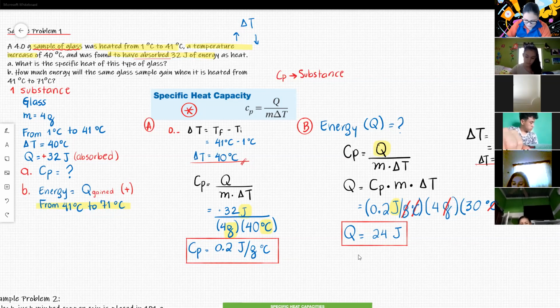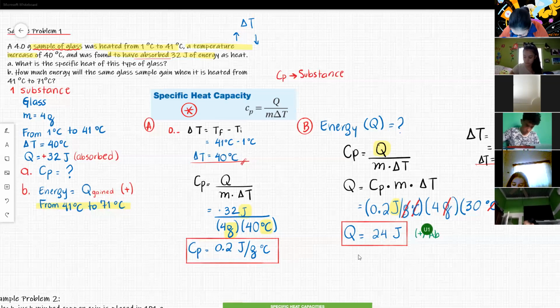Now, for this Q, the answer you got was positive or negative? Positive. If it's positive, it means that the heat was absorbed, okay?